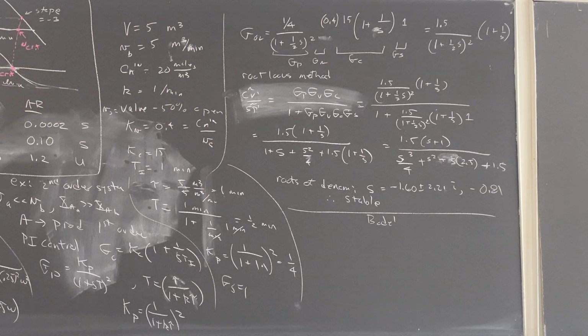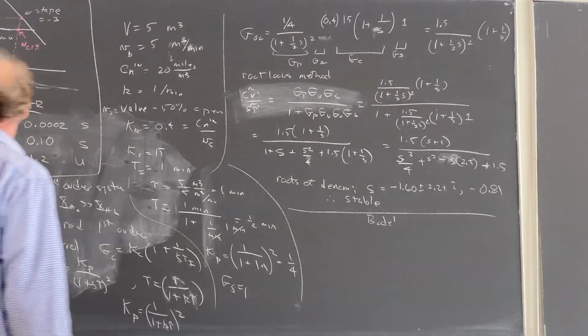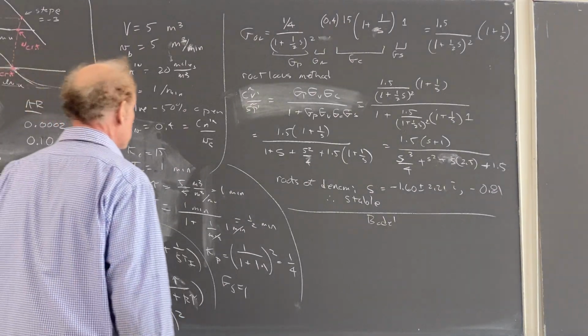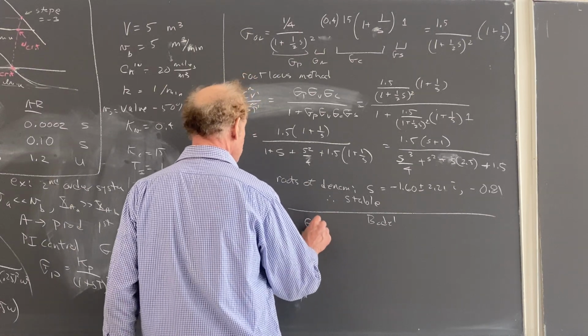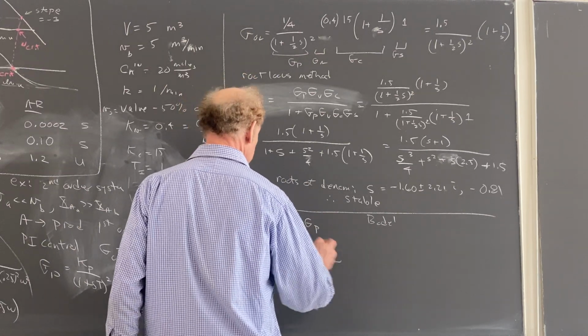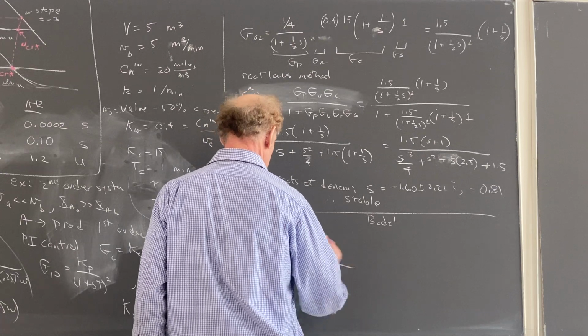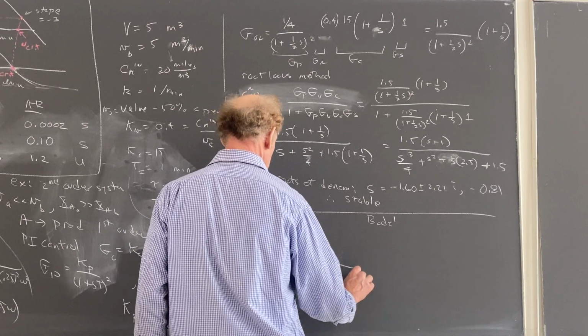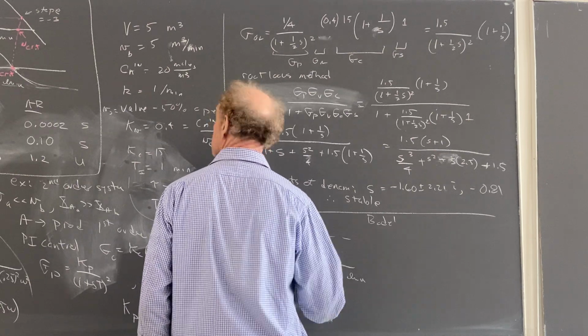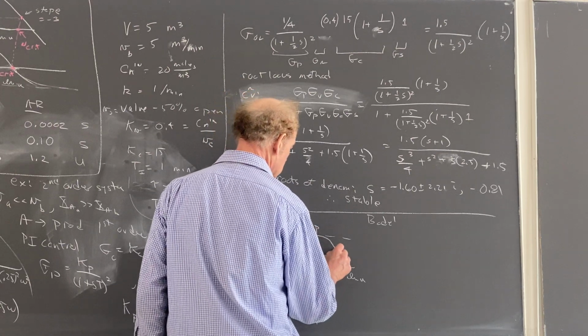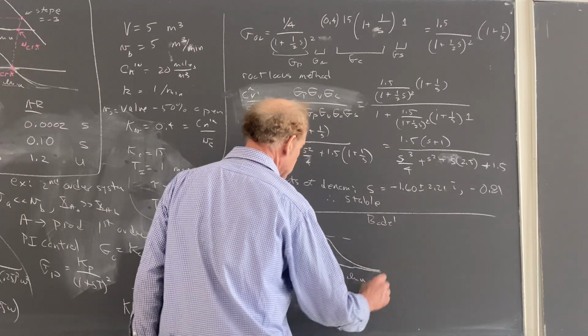So we know that for the GP part, log phi versus log omega, if this is minus pi and this is 0, then it never quite reaches minus pi.